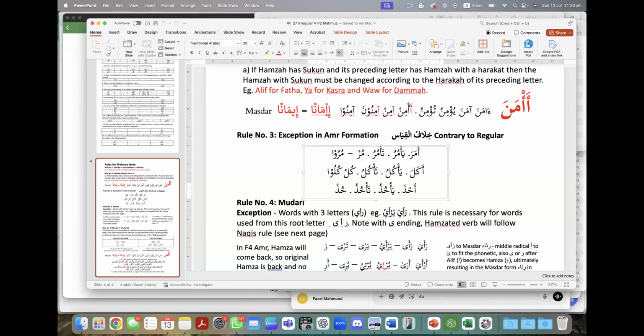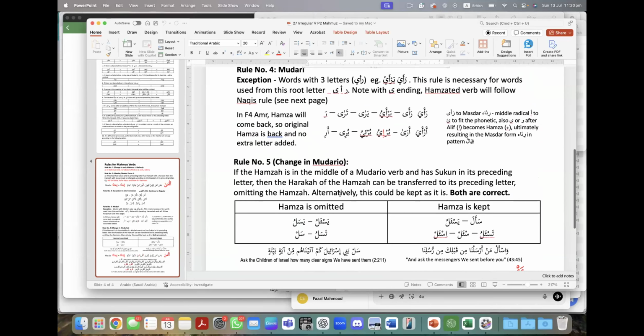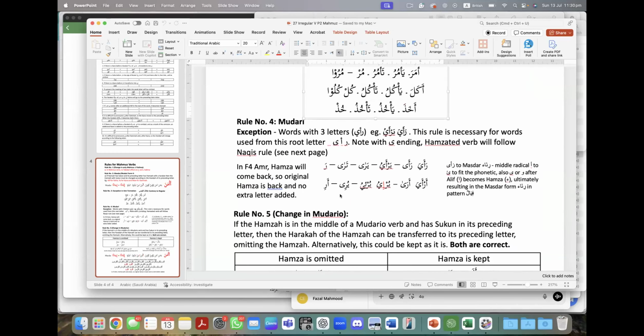Hamza still remains. And because it's the second one, ta'khudh has become khudh. I hope this is clear, okay? You will go through this repeatedly and you will understand.